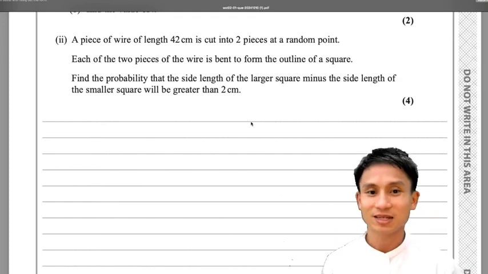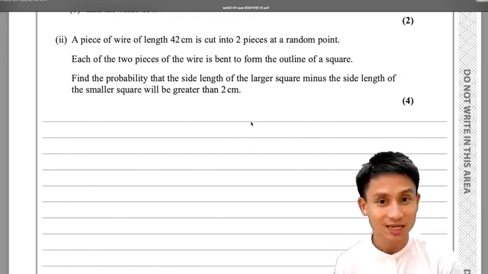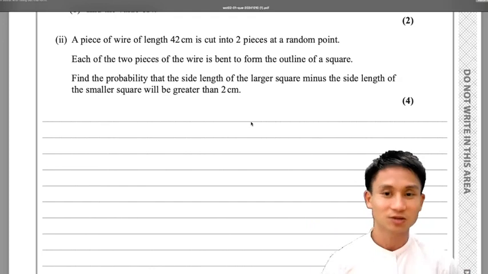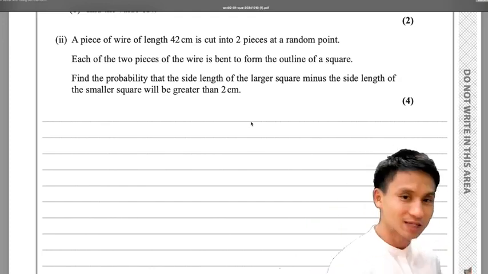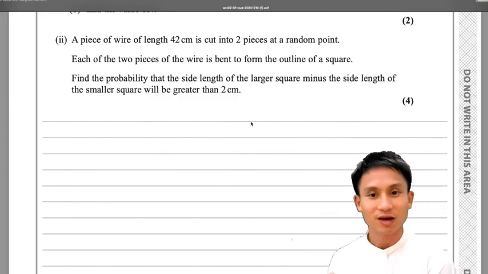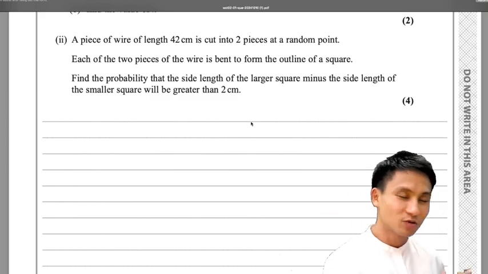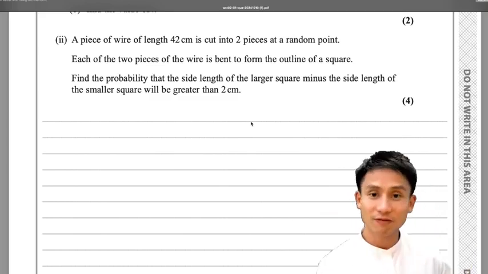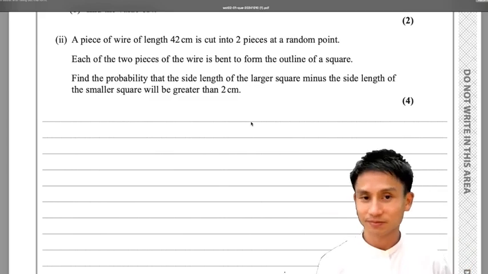So here, as I mentioned again, I didn't do 21 minus x when I calculate the square there. So it's going to be x and then 42 minus x. The x will be divided by 4 to get the length per side of the small square. 42 minus x and then divided by 4 will be each side of the larger square.